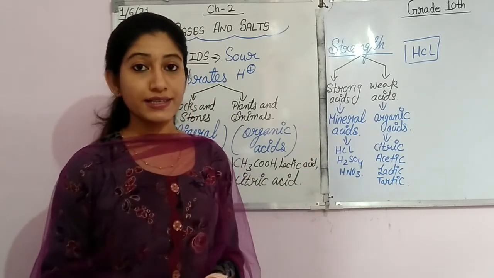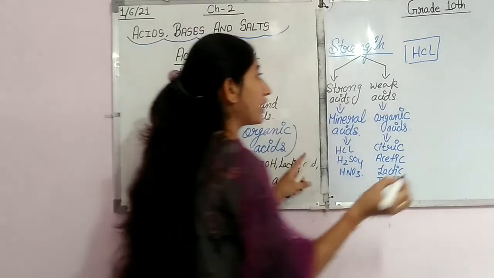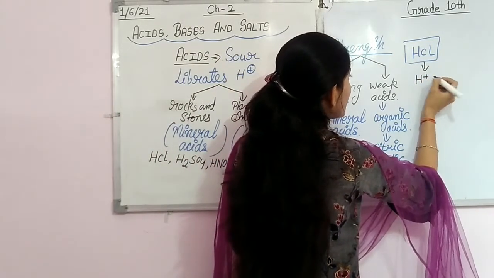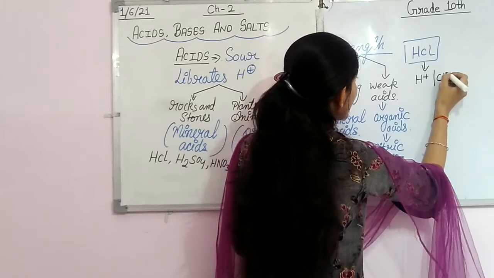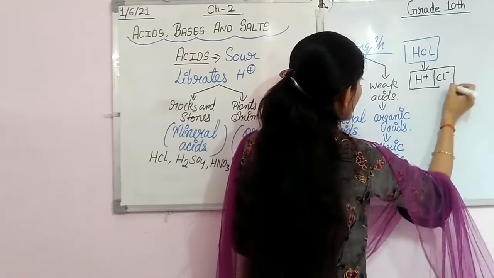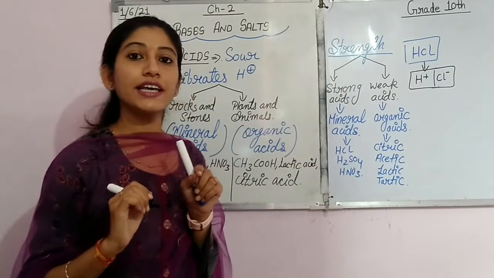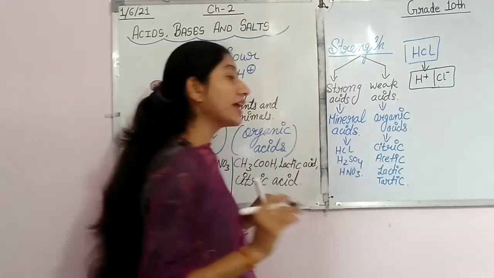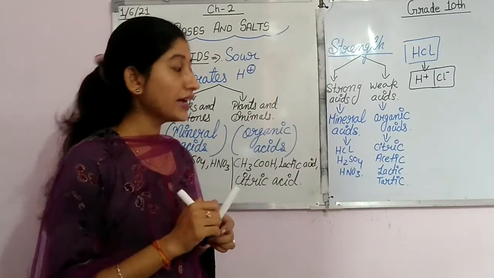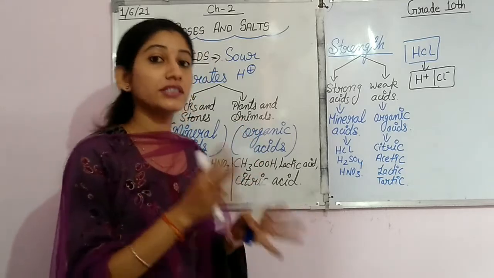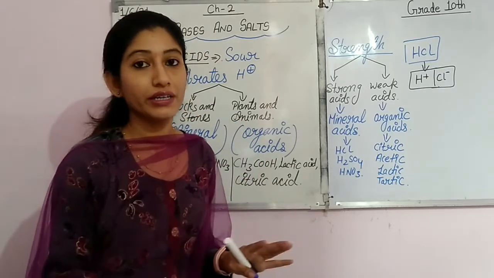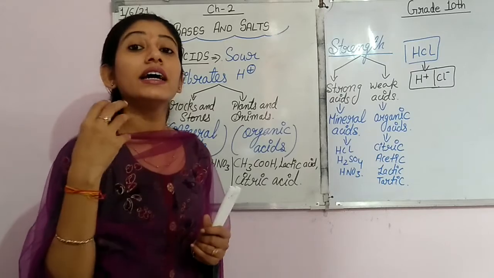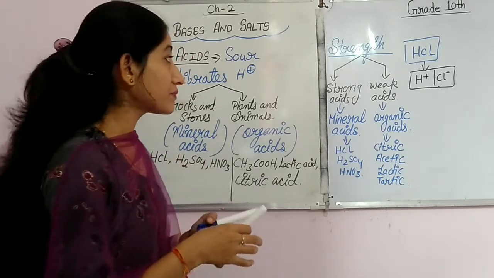For example, HCl. Now you all know very well that HCl dissociates into H+ and Cl-. So whenever HCl dissociates, it forms H+ and Cl-, no other thing. Means the HCl is getting dissociated completely.